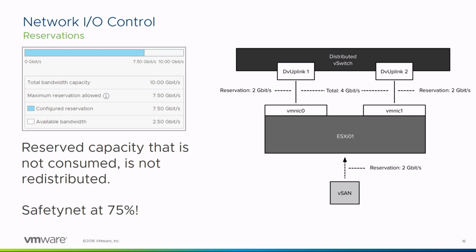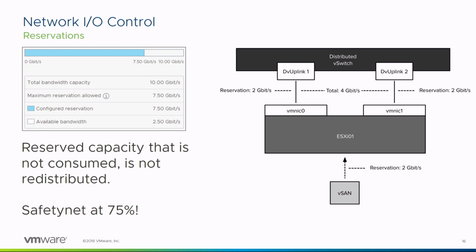We have a safety net at 75%. So that's for obvious reasons, right? Because still it's sensitive to human error. So if you have a 10 gig NIC in the example, it will allow you to reserve up to 7.5 gigs of bandwidth. And the same goes as with limits.